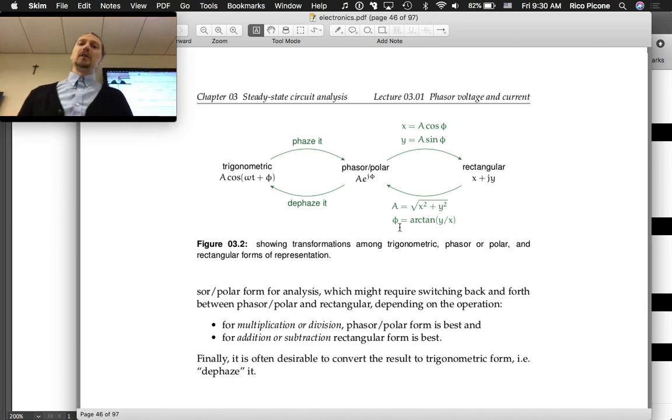And if you're doing addition and subtraction, usually the rectangular form is easier to work with. So depending on which operation we're doing, we switch back and forth. And this gives you the formulas for going back and forth.